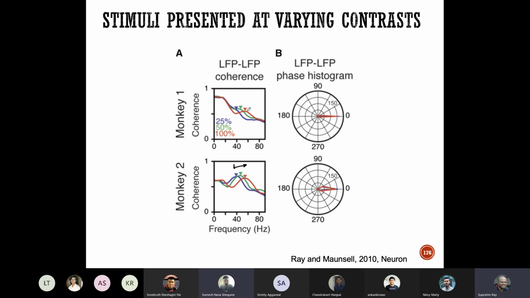What that means is that the coherence is high, but the vectors are always pointing in the same direction, which is 0. Which means that the gamma is properly aligned. The phase difference is 0 for both monkeys.